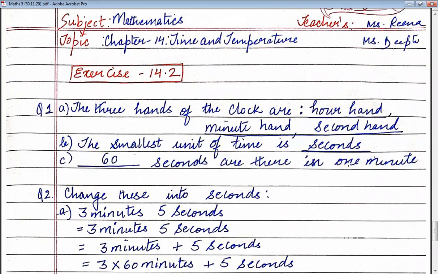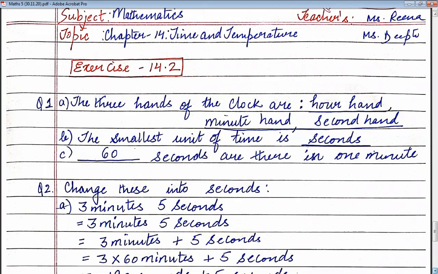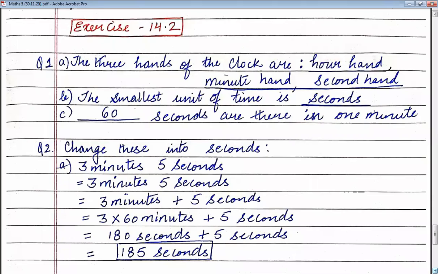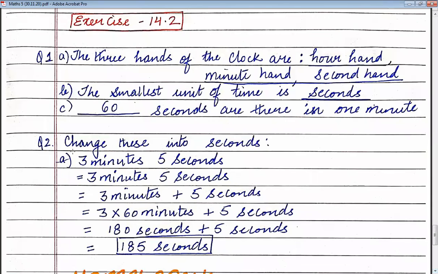Now, let's do our question number 2. You have to convert the following into seconds. Now, children, you have to change 3 minutes 5 seconds into seconds. We have just discussed this type of question. Let's discuss one more time. Here we have to convert 3 minutes into seconds because 5 seconds are already in seconds.